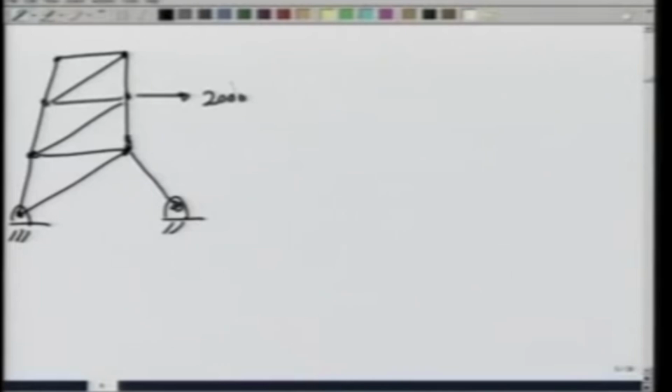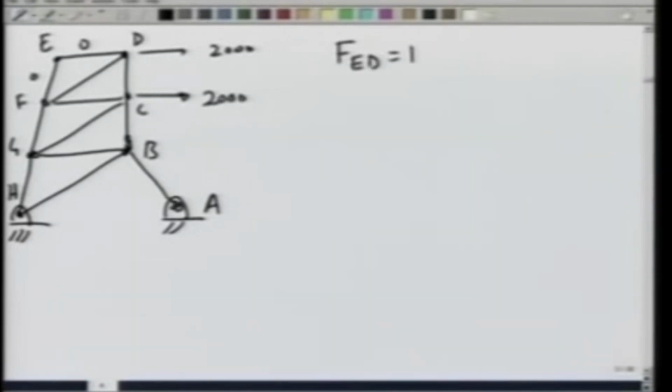2000, 2000, 0, 0, A, B, C, D, E, F, G, H. So, what we have obtained is that F_ED equals F_EF equals 0. We obtain F_DF equals 2000 over cosine of theta 1.